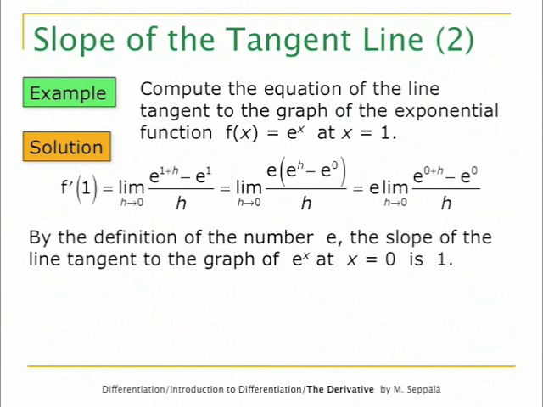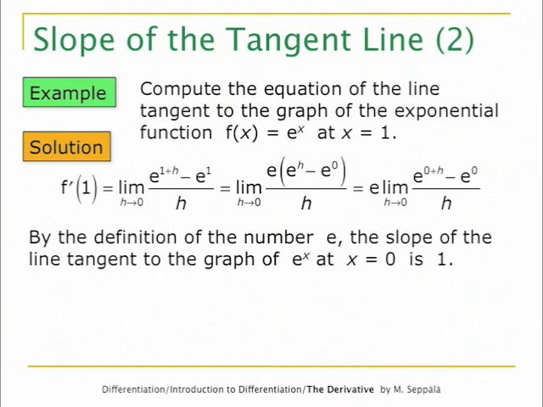Now we must remember that the definition of the number e, the mathematical constant e, was such that the slope of the line tangent to the graph of the function e to the power x at x equals 0 is 1. Now the limit of e to the power 0 plus h minus e to the power 0, divided by h, as h approaches 0 gives the slope of the line tangent to the exponential function at x equals 0.